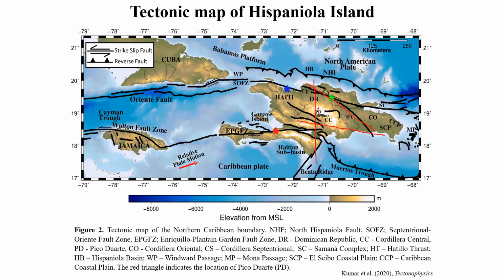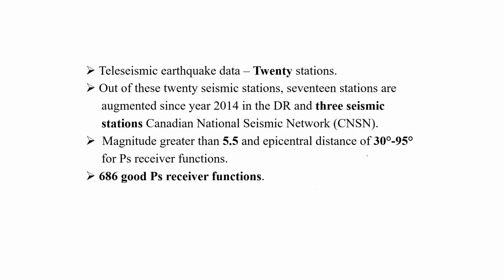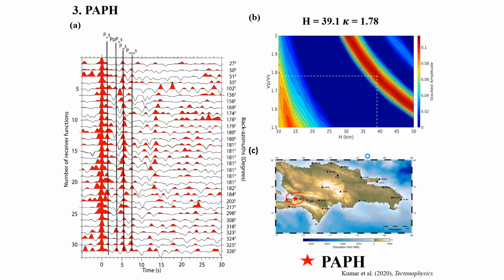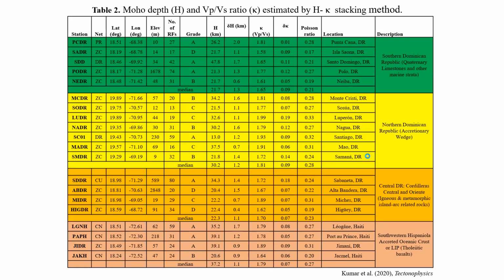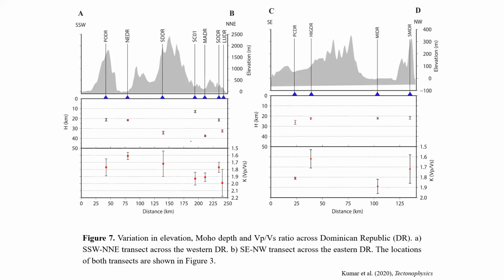For 2 cross sections, we are showing the variations of the Moho thickness and the Vp/Vs ratio in this particular figure. You can see the Moho is varying beneath these stations PODR, NEDR, STDR, SC01.